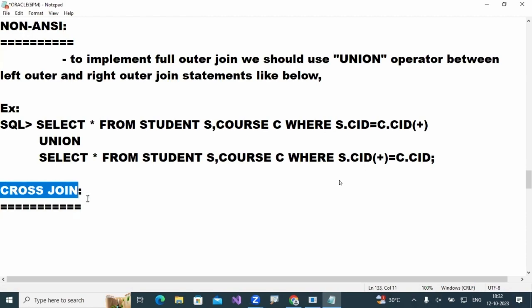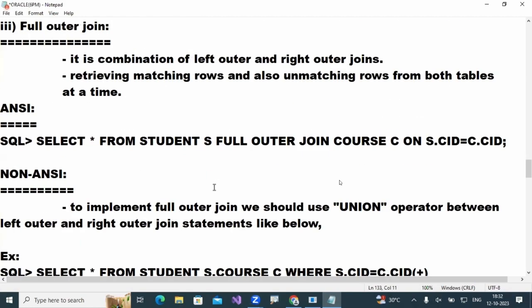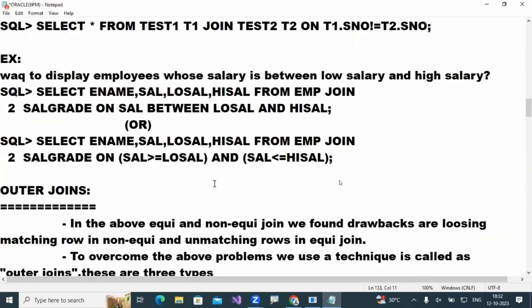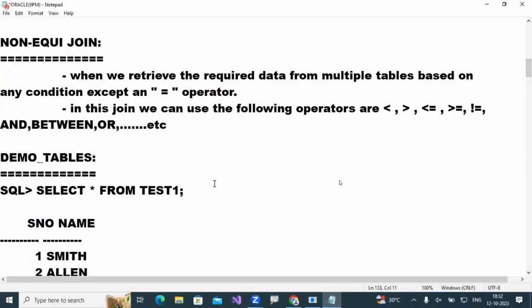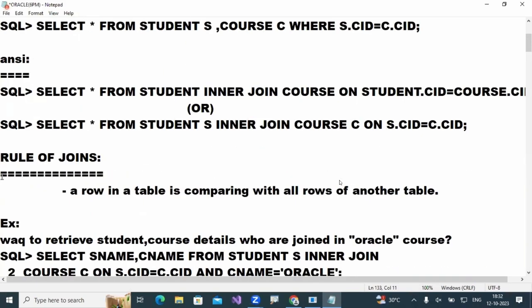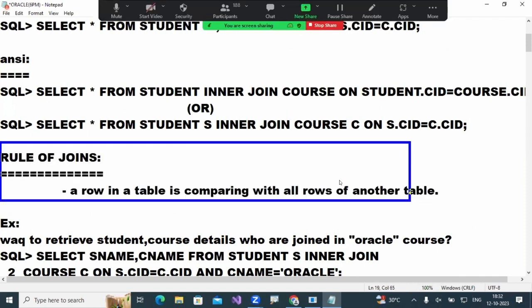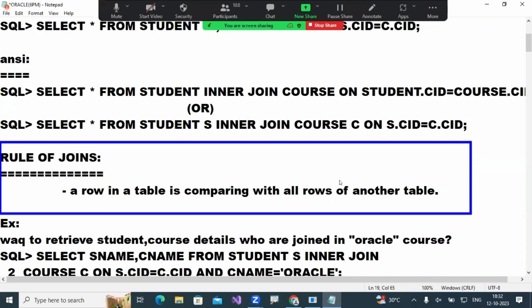Why, sir? Whatever we discussed in the early classes, I said one rule. Can you remember the rule? So if you want to view practically whether this rule was happening or not, whether it is right or wrong, and justify it, you can use cross join.